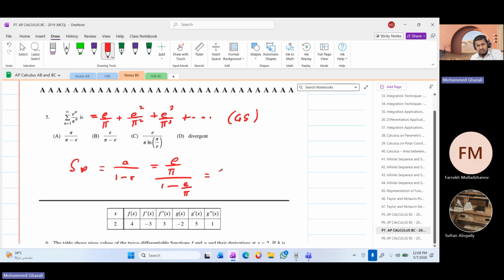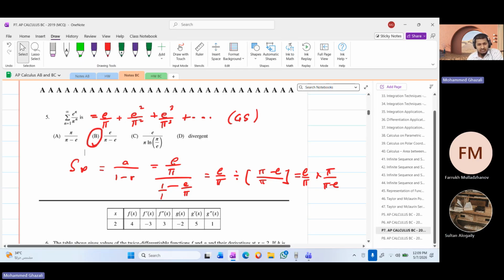So now it's e over pi divided by 1 minus e over pi, which is pi minus e over pi. Then simplify e over pi multiplied by pi over pi minus e. Pi cancels out, giving e over pi minus e. So the answer is B.